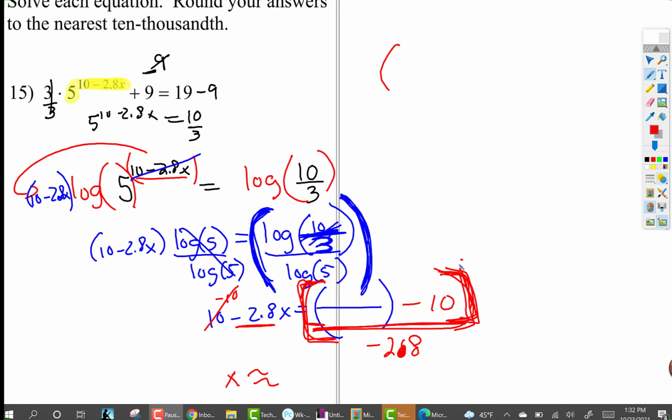Let's see if I did that right. I did. So x is approximately negative 0.